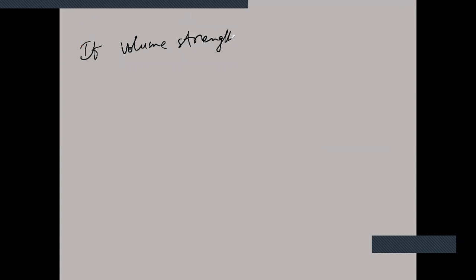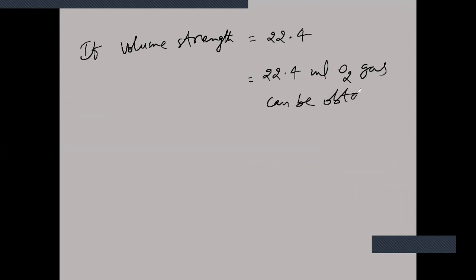If volume strength is equal to 22.4, what does it mean here? That means 22.4 ml O2 gas can be obtained at STP.